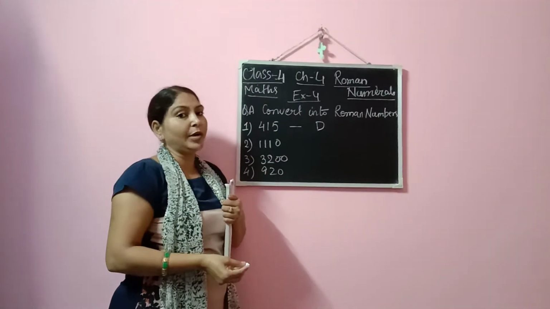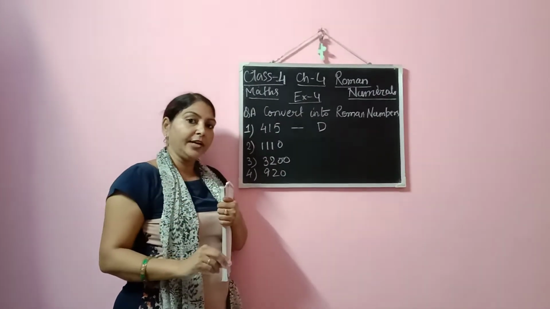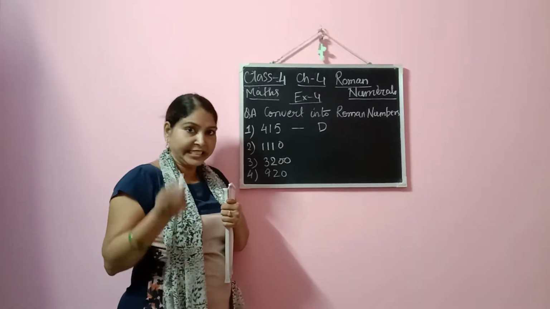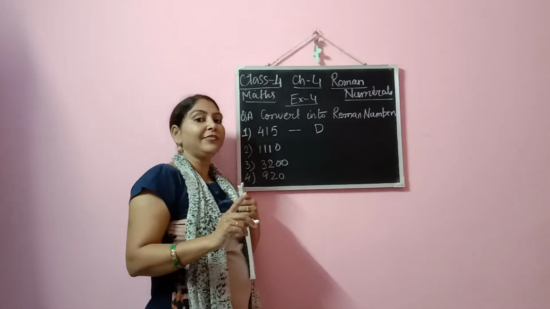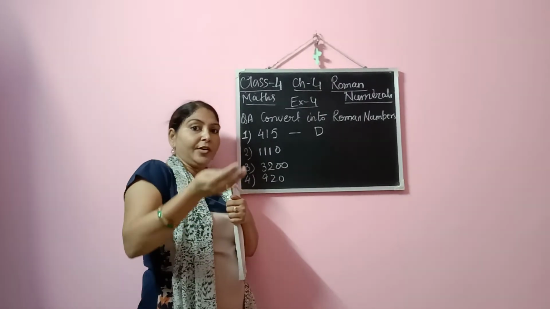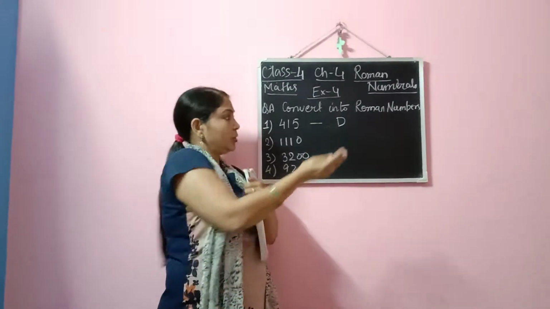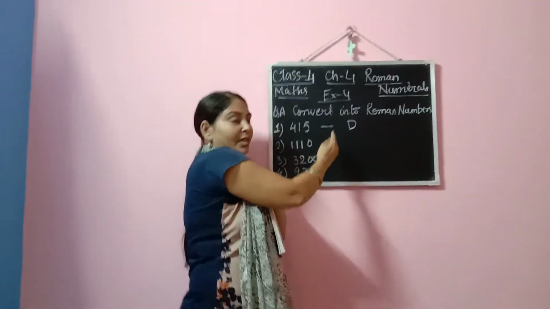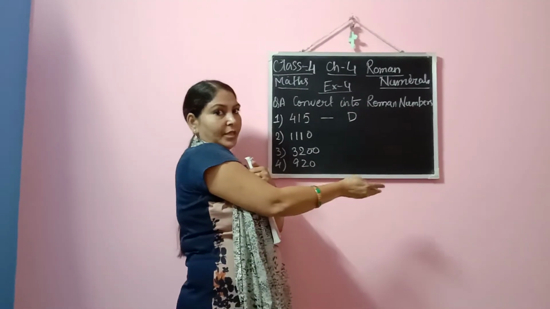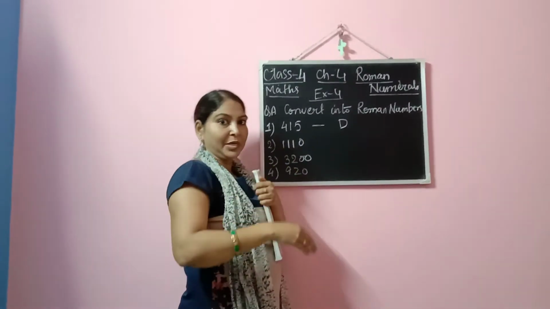Now if we have to write 400, what will we do? We will subtract C. In the rules we have learned that if we write a smaller symbol to the left side of the greater symbol, then it is subtraction.